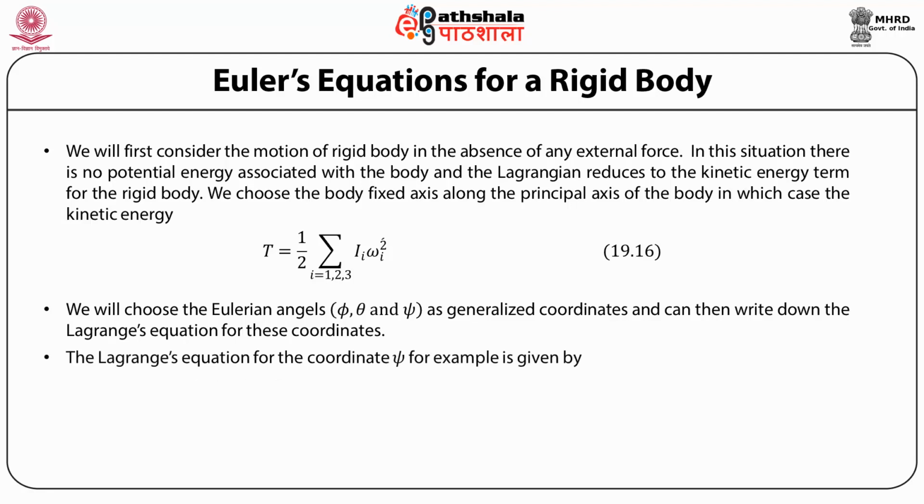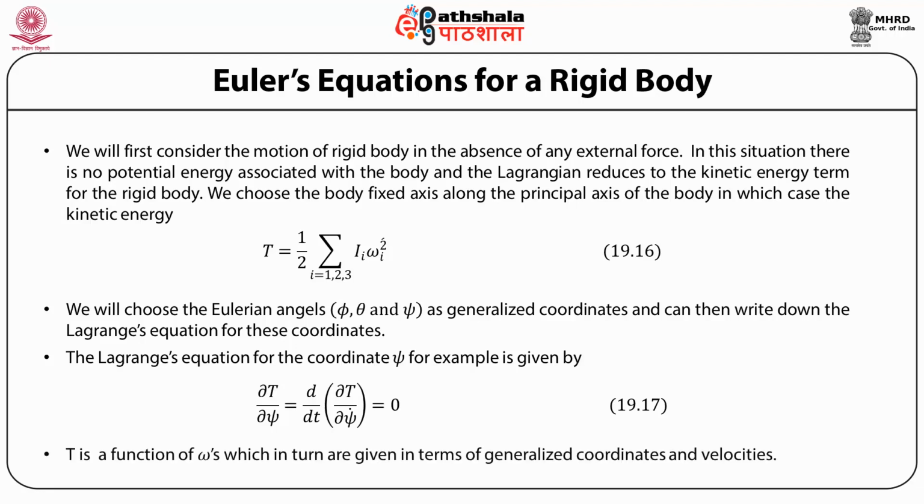The Lagrangian equation for the coordinate psi, for example, is given by the partial derivative of T with respect to psi is the total time derivative of the partial derivative of T with respect to psi dot. T is a function of omegas, which in turn are given in terms of generalized coordinates, which in our case we have taken to be Euler angles and velocities.